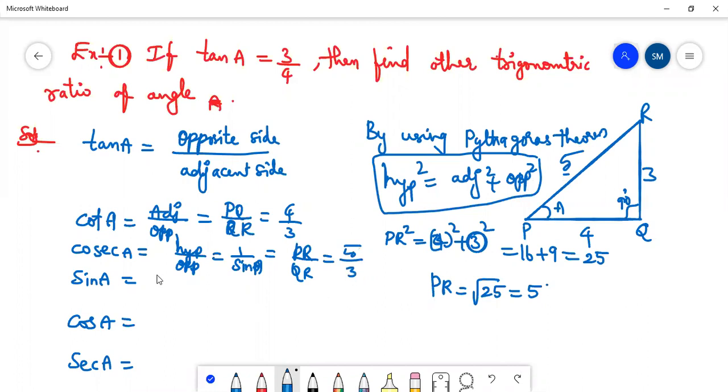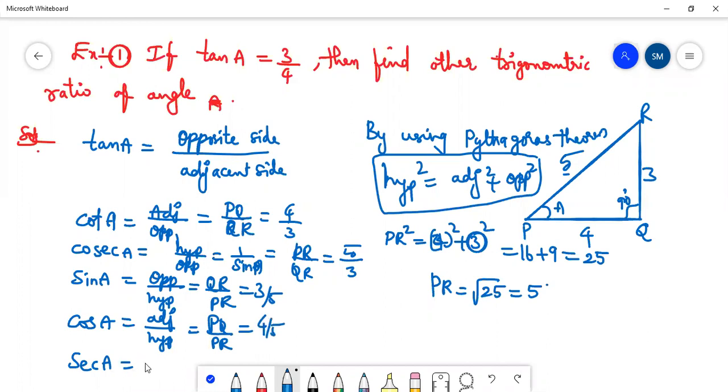Sin A is equal to opposite by hypotenuse, that is QR by PR, equal to 3 by 5. Cos A is adjacent by hypotenuse, that is PQ by PR, equal to 4 by 5.